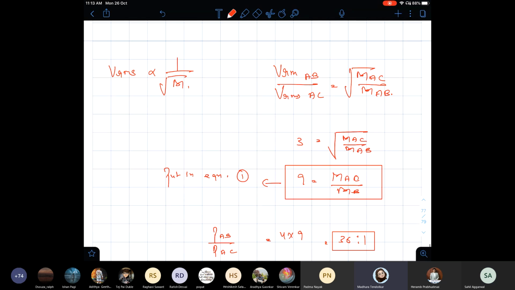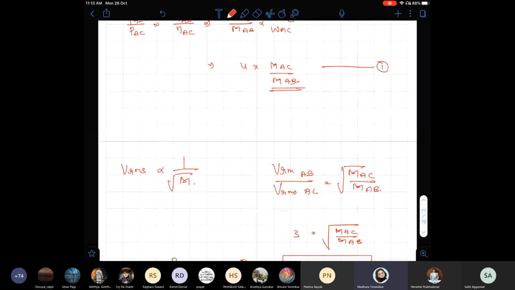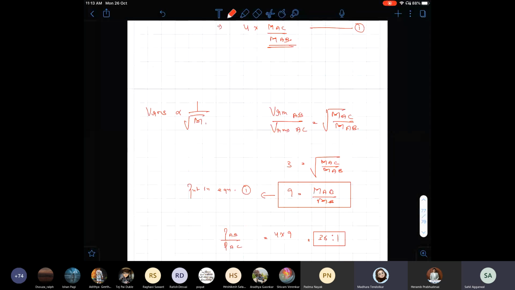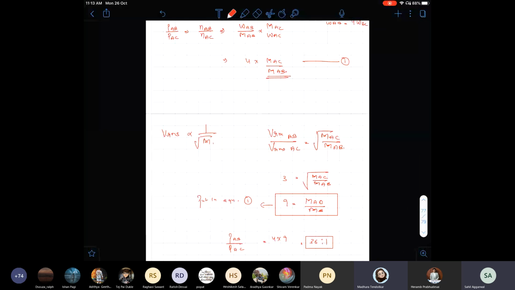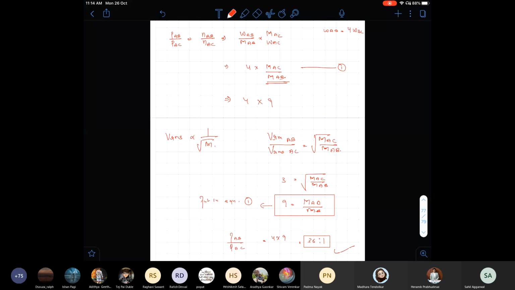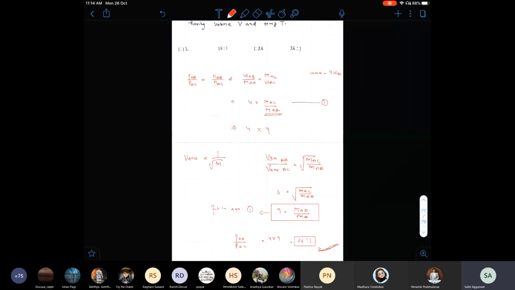Because 4 is multiplied by MAC upon MAB there, and we are getting MAC upon MAB equal to 9. So in place of this, can't we write 4 into 9? Yes, sir. Understood, all of you?